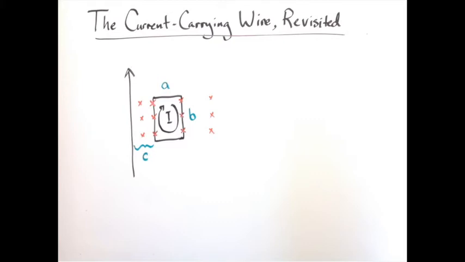Now, you should notice a couple of things at this point. Number one, the current in that rectangular loop on the left side is going up the page. You could then use your first right-hand rule, I L cross B, to figure out the direction of the force on that side.